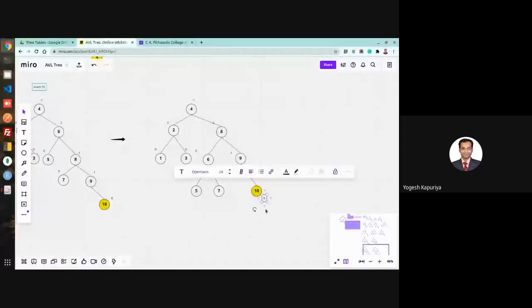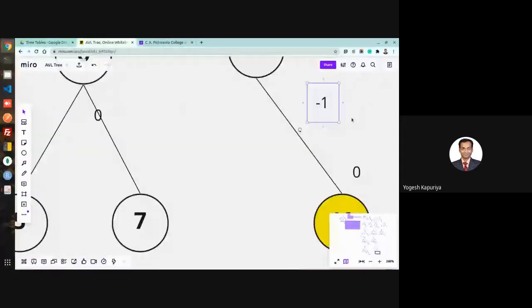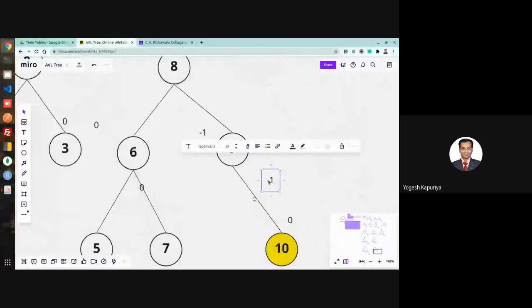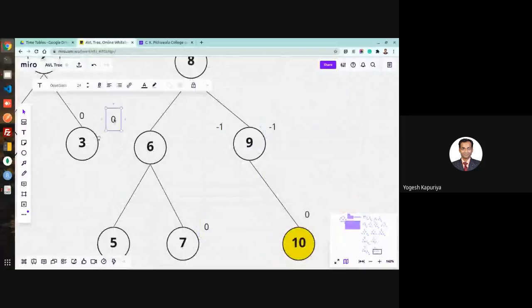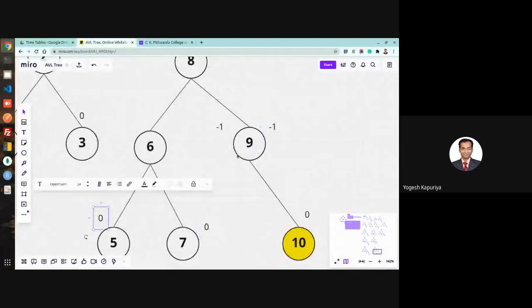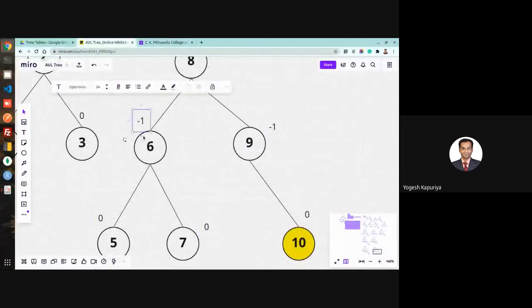Okay, so now let's compute the balance factor. This will be 0, this will be minus 1. Okay, this is 0, this is also 0, this will be again 0.